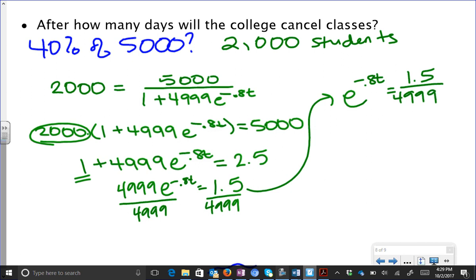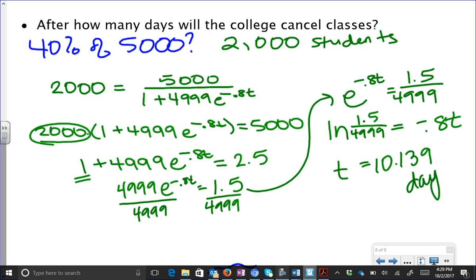And when we rewrite this into logarithmic form, we're going to say log base e of 1.5 divided by 4,999 equals negative 0.8t. So go ahead and type in the natural log of 1.5 divided by that 4,999. Okay, and with that we can go ahead and divide by the negative 0.8. So by the 10th day we're going to need to cancel classes, which is not a lot of time.